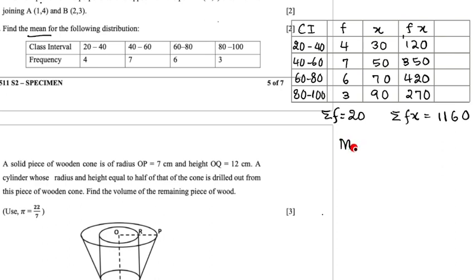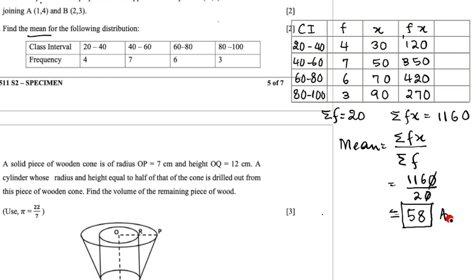So our mean is going to be equal to sigma fx upon sigma f, which is 1160 upon 20. That gives 58. So that is our mean. Now I have used the direct method. You can use the shortcut method or step deviation method, but I think you could use the direct method. The numbers are pretty simple.